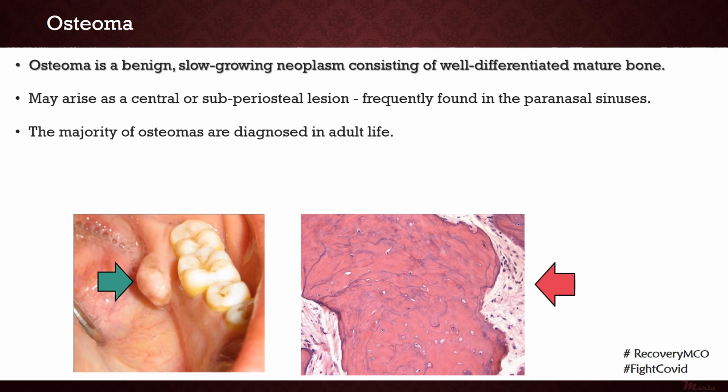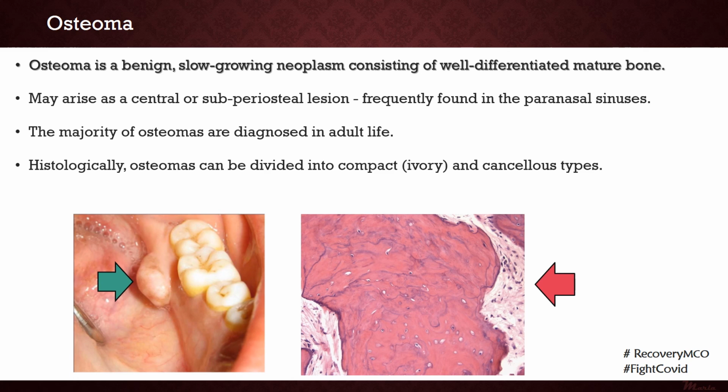Osteoma may arise as a central lesion, that is involving within the bone, or a peripheral region existing on the surface. Osteomas frequently are seen in relation to the paranasal sinuses. Majority of osteomas are diagnosed in the adult life.